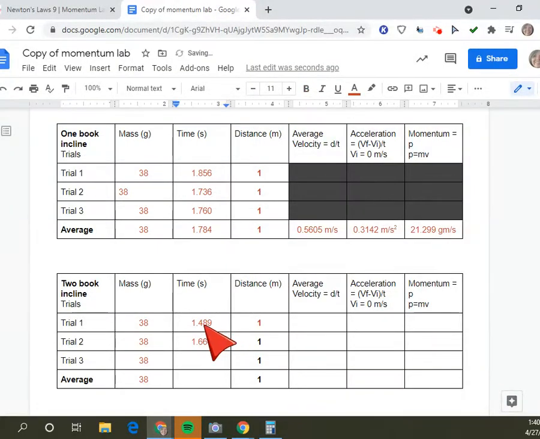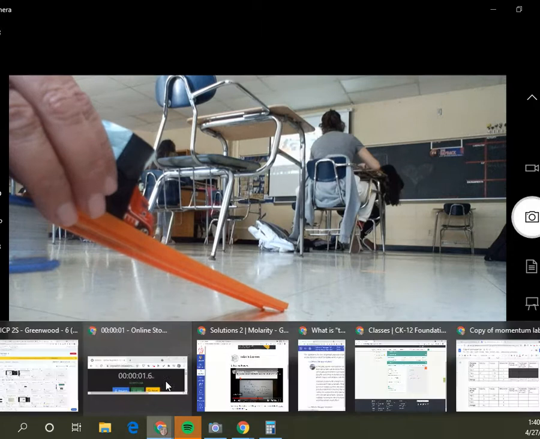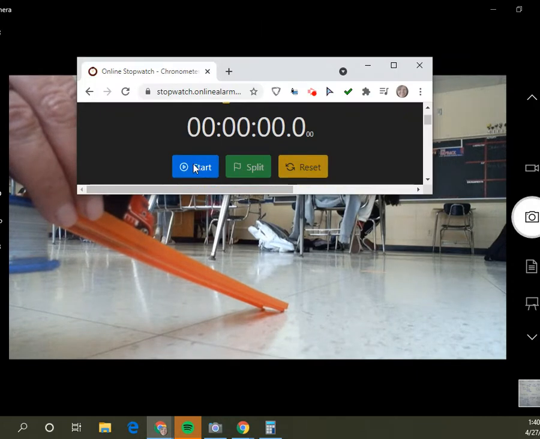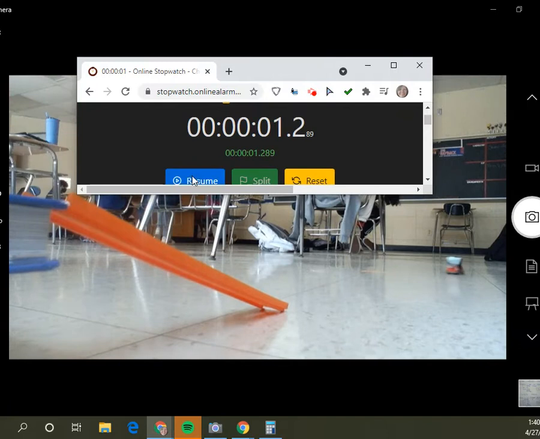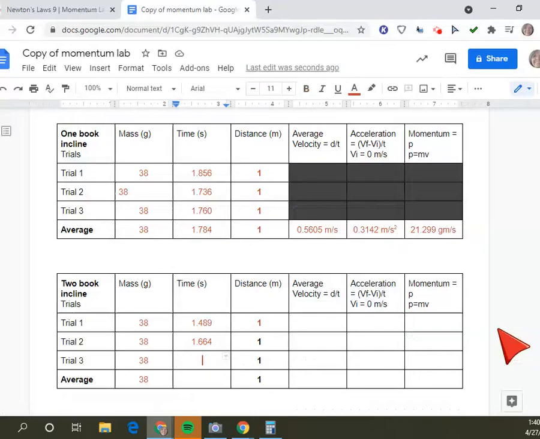Do one more trial, then we'll do some math. Ready, set, go. 1.289. All right. That was the fastest one yet.